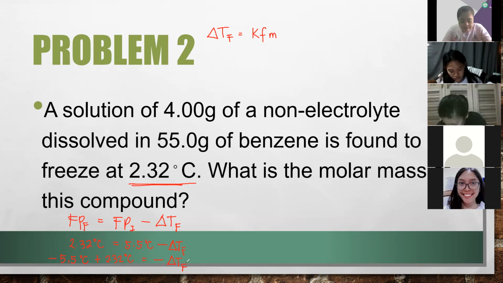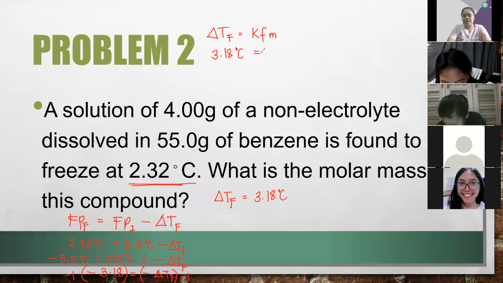So, negative 5.5 plus 2.32 is negative 3.18 equals negative change in the freezing point. Both of the sides are negative. So let's multiply both sides with negative 1. Therefore, our change in the freezing point is 3.18 degrees Celsius. So yan yung gagamitin natin here, class.